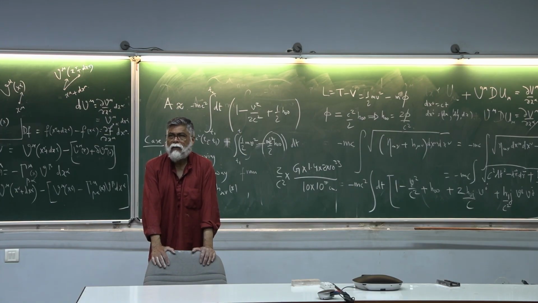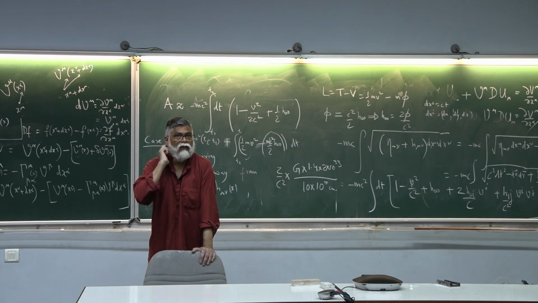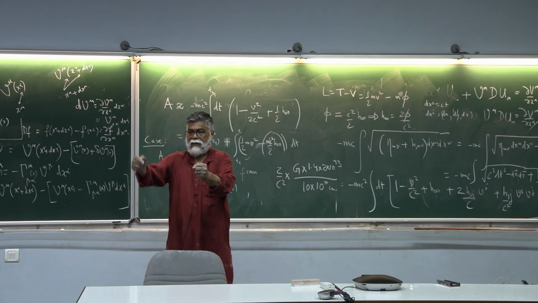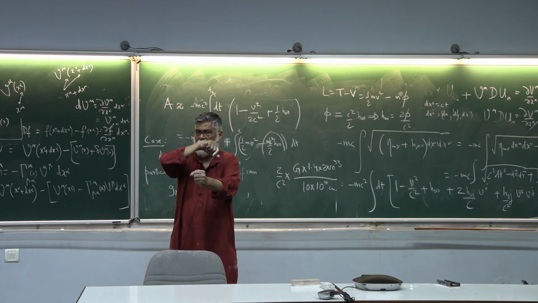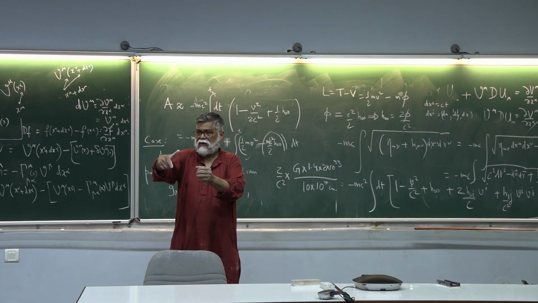By the way, Bhashwati has left. I think one tutorial problem must be constructed for a satellite in a circular orbit. Take a geosynchronous satellite, which will necessarily be in the equatorial plane, going around Earth.